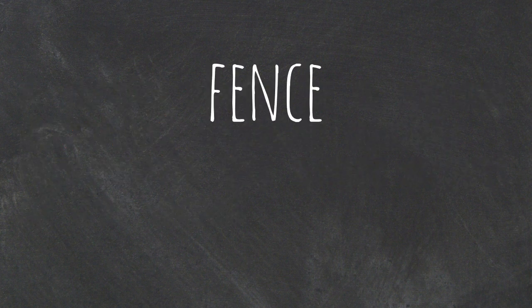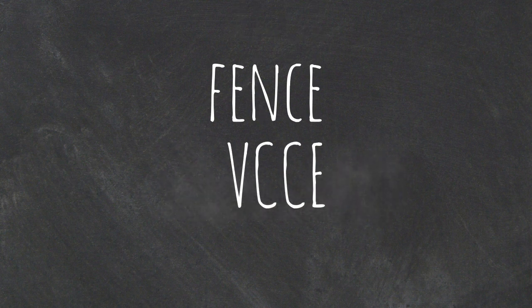Now, there's one more thing I want to go over really quickly, and we're going to use the word fence as a demonstration. This is a one-syllable word. We hear one vowel phoneme sound, and the spelling pattern that we're seeing is a vowel-consonant-consonant-E pattern. And so that e sound is a short vowel sound.